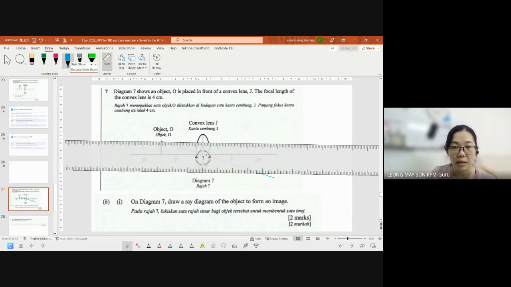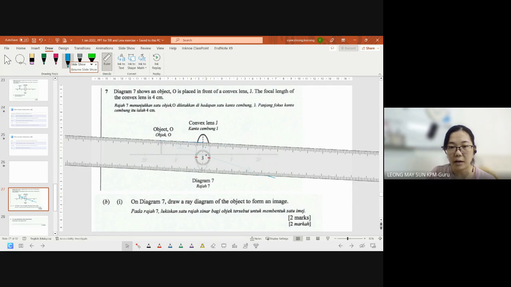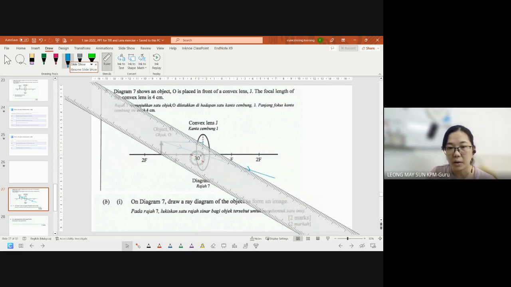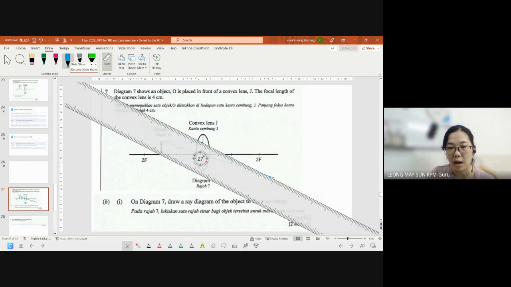That's how I consider it to be parallel and 90 degrees to the dotted line, not the surface of the curve, but the normal line in the middle. And then from this point, allow it to pass through F.